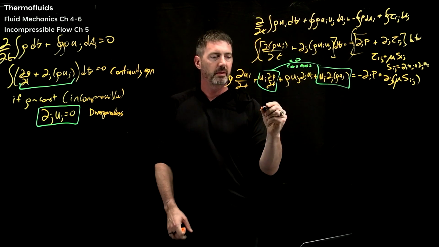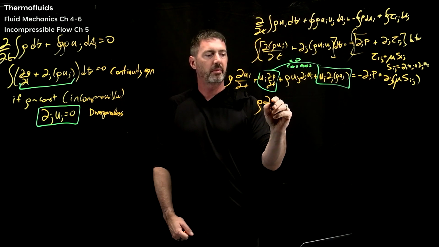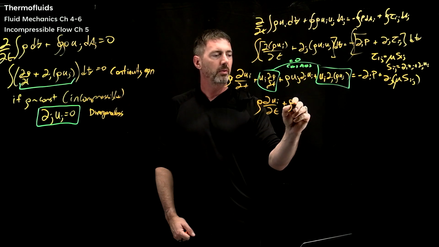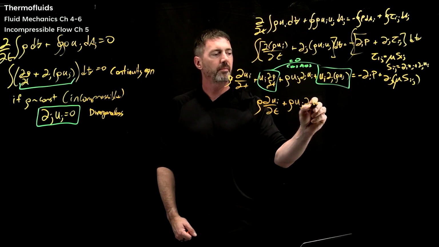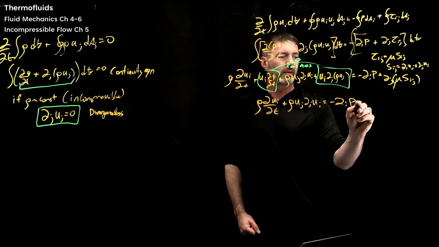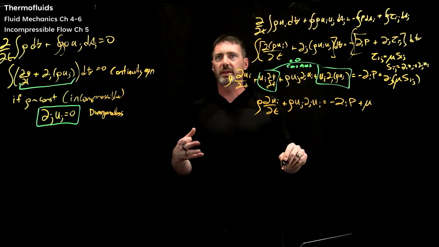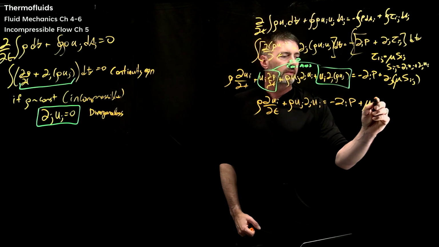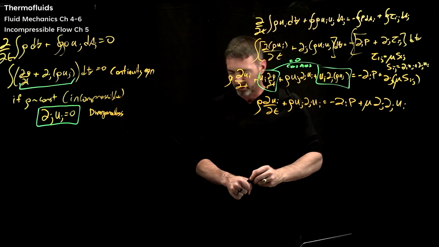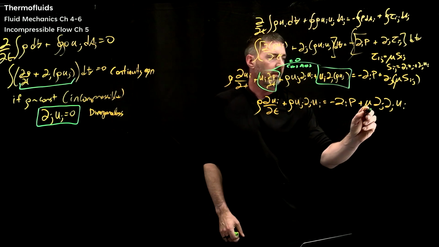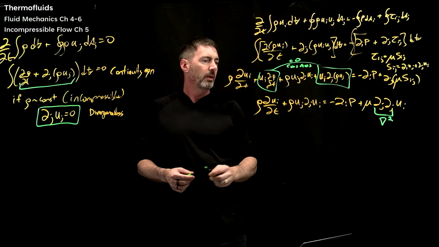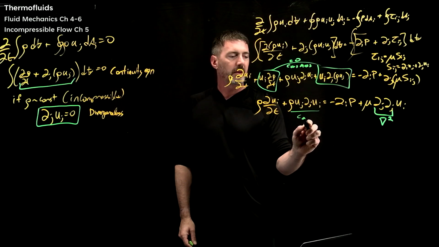So you then have density times the time derivative of the ith velocity plus rho u_j del_j u_i is equal to the gradient of pressure. And then this becomes, assuming the viscosity is constant, del_j del_j u_i. A lot of times with this form, we might write this as the Laplacian, del squared. Okay.